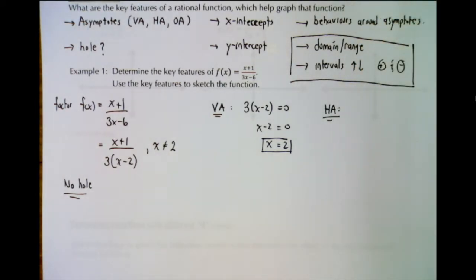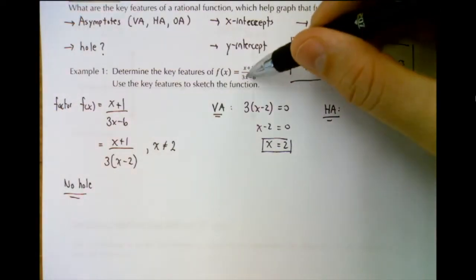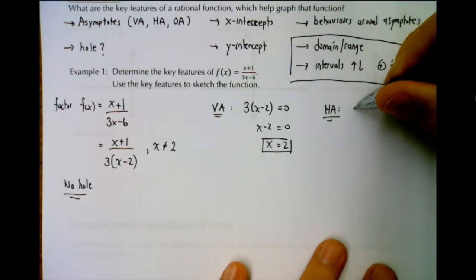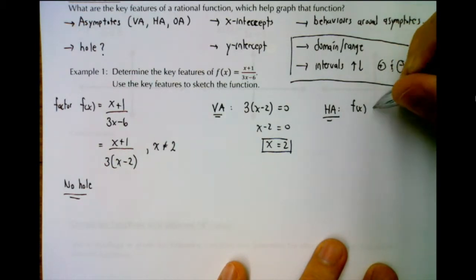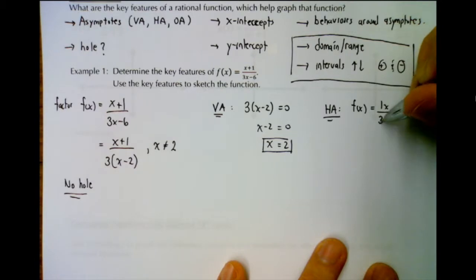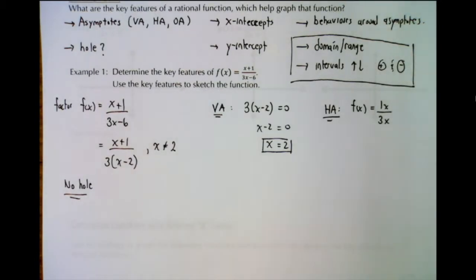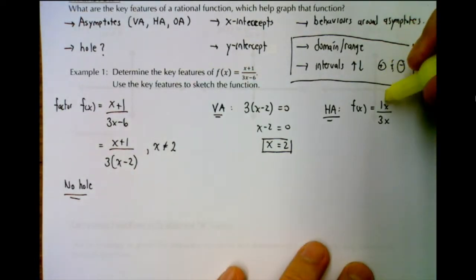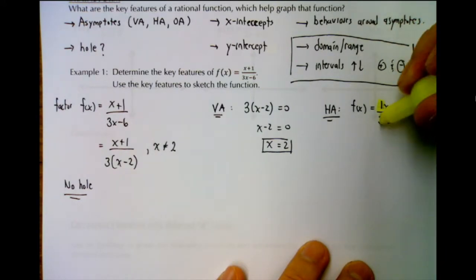To find the equation of our horizontal asymptote, we look at the ratio of the x terms. So we have our function f of x. Ratio of our x terms, we've got 1x over 3x. So the ratio of our coefficients on x is 1 over 3.